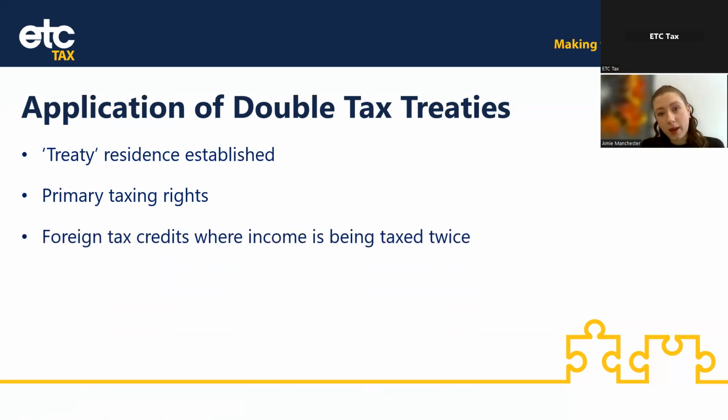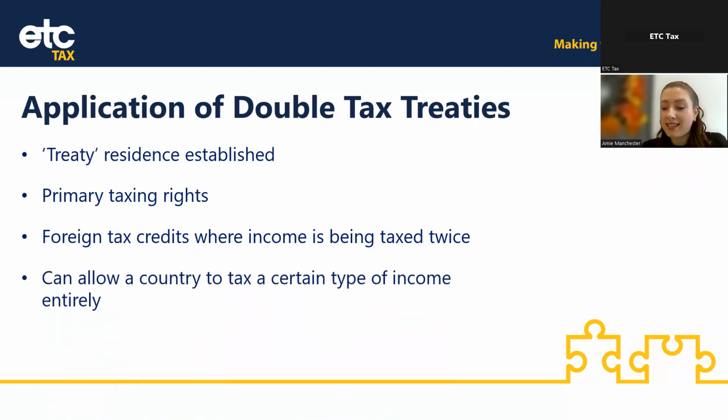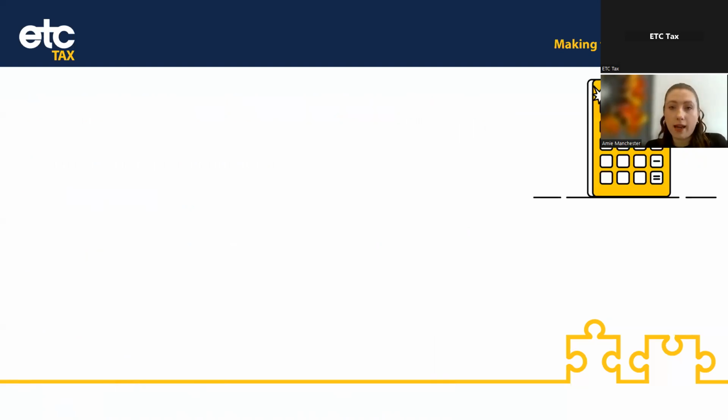Foreign tax credits apply where income is being taxed twice, so treaties can help eliminate and mitigate double taxation, which is something our clients are always worried about and wanting help with, understandably. And finally, a treaty can allow a country to tax a certain type of income entirely. So as you can see, they are very helpful.